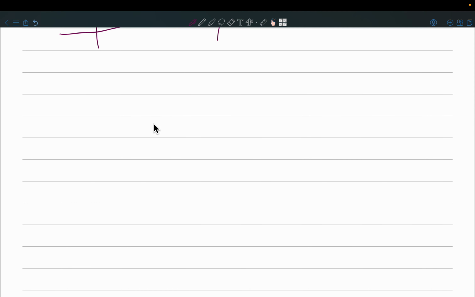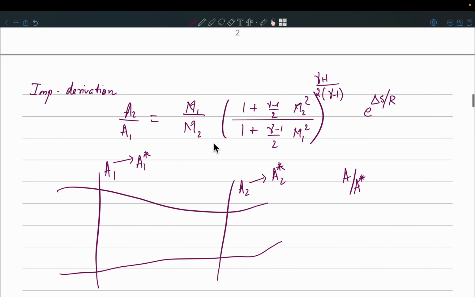Okay. So the next thing, if I use this condition, I will get A2 star by A1 star. So what I am going to do, I am just going to put M1 and M2 as value 1 in this equation.